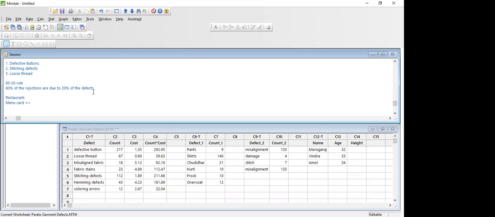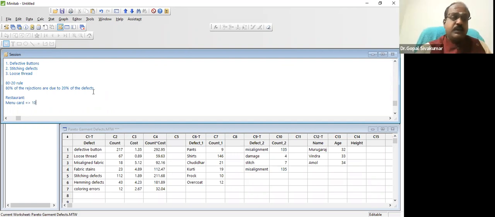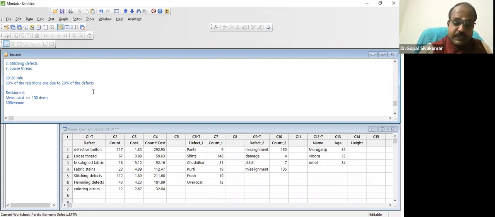So let me make it bigger, right? 100 items. If you look at the business, the revenue the hotel is generating, 80% of the revenue is generated from 20% of the items in the menu card. Am I correct?